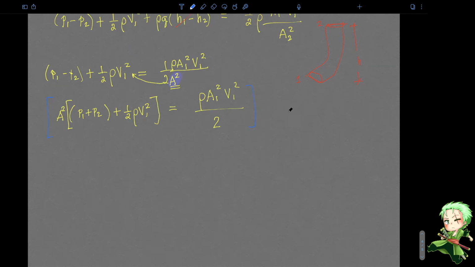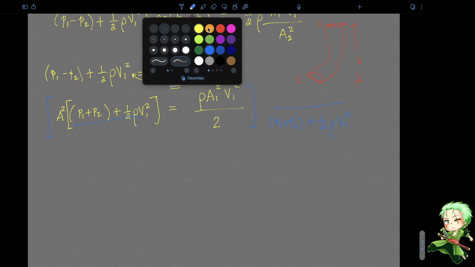So I'm going to multiply both sides by this entire term that you see here, P1 plus P2 plus 1/2 rho B1 squared. That is what I'm going to multiply to both sides of the equation.